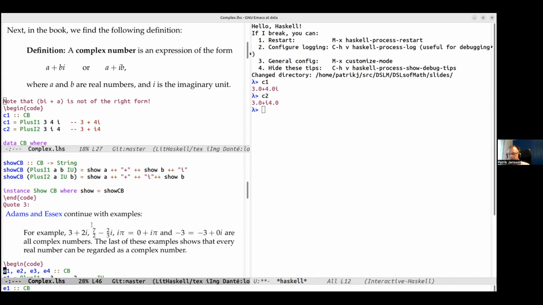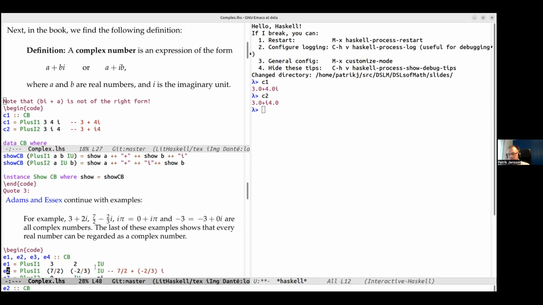As they claim that this is a complex number, there must be some rule which makes this reasonable. And you can guess the rule that if there is a minus sign, they mean the same as having an addition and then a negative coefficient. So this 7/2 plus minus 2/3 i is what they mean.